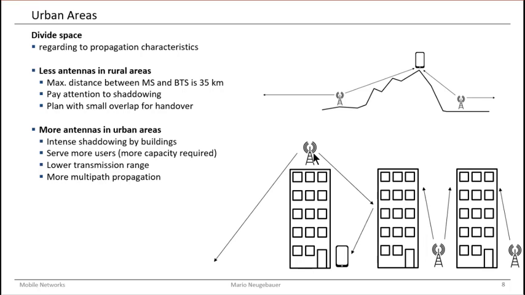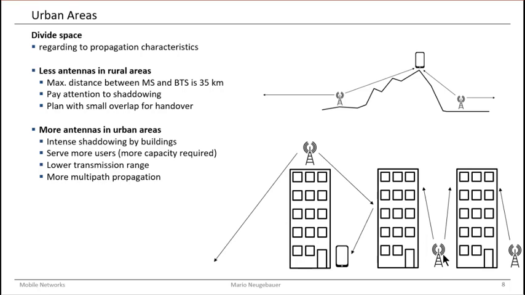But if we go into this gap between the two buildings, then some reflection can happen, and with the reflection it is possible to receive the signals from the base station. The mobile station can receive the signals with reflections, but without reflections it is actually not possible. So we have to take into account that in urban areas there are more reflections happening.